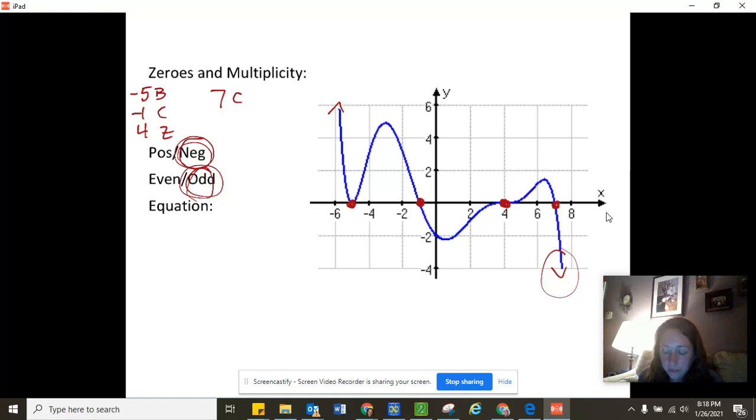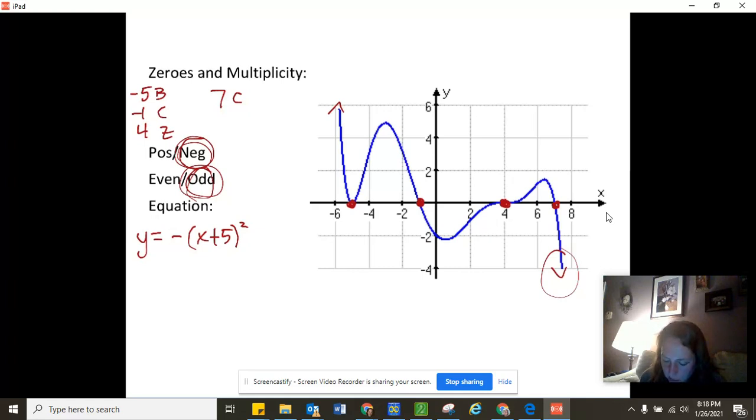So for my equation, I'm going to write y equals, and then I'm going to pull my zeros into factors. Because it's negative, I'm going to go ahead and stick a negative in the very front. Okay, so I have x plus 5, because the sign flips. And that was a bounce, so it's squared.